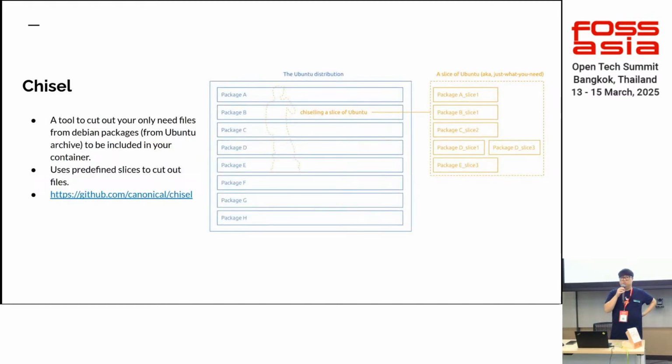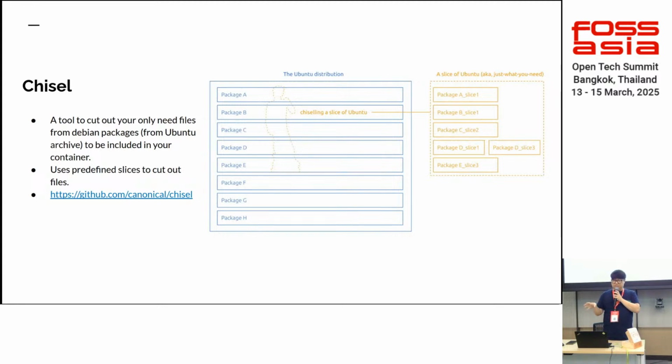And there's Chisel. Chisel is a tool for building lightweight container images. It's a good tool. How it works is that if there are some deb packages from the Ubuntu archive, like the name suggests, you can cut off only the part you need for your container. If you look at the deb packages, there's the compiled binary and also some license files and configuration files, which are not needed for running your software inside a container.